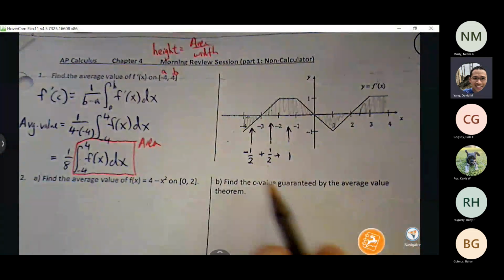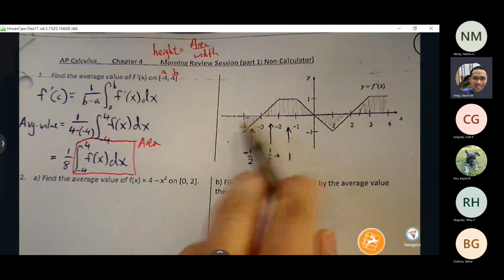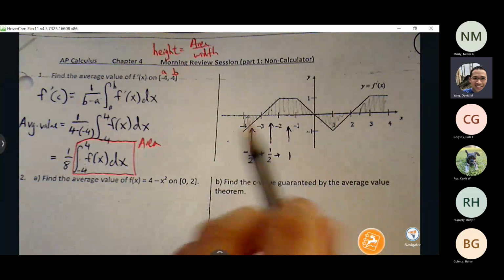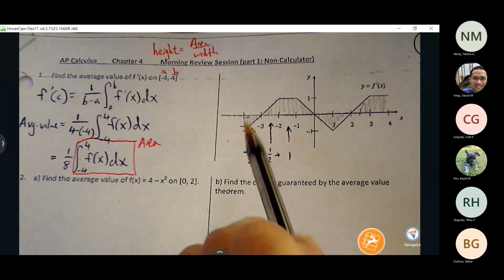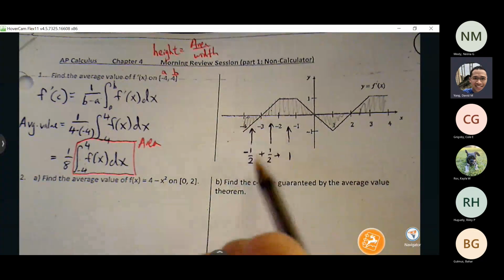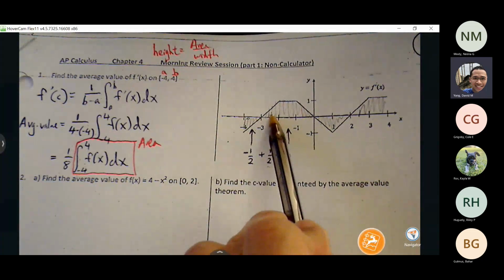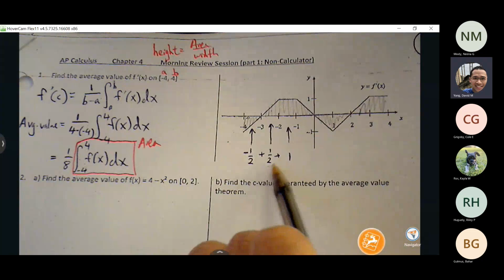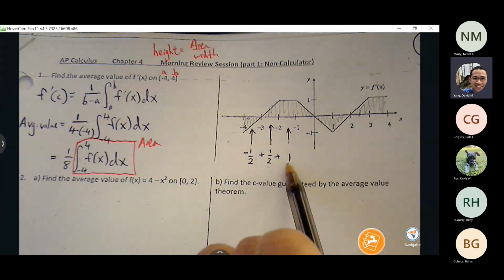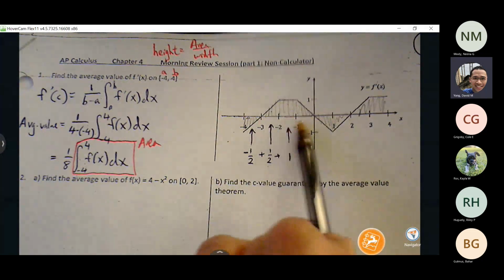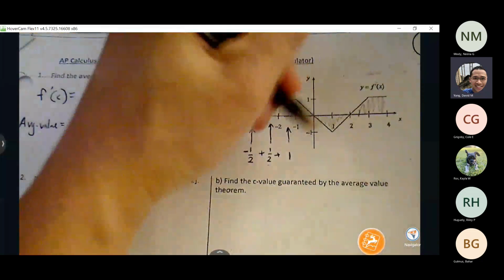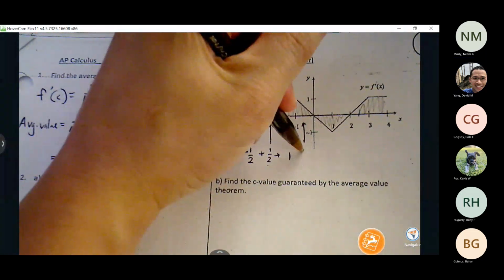Okay, so triangle is 1/2 base times height. So 1/2, 1 times 1 is 1/2. This region is below the x-axis, so convert that to be a negative. Triangle also 1/2 base times height, positive. Plus 1 for my square. And then triangle here, 1/2 base times height, 1/2.